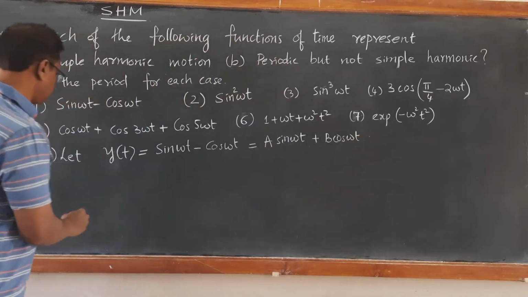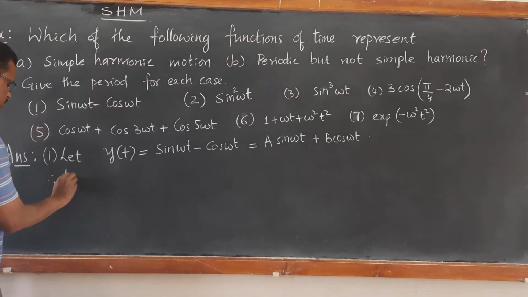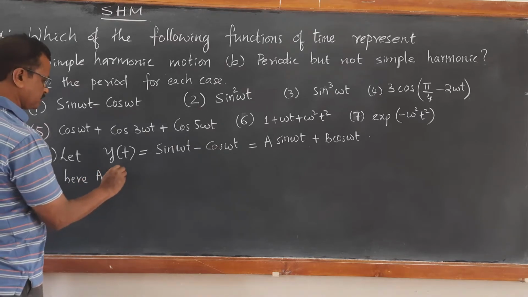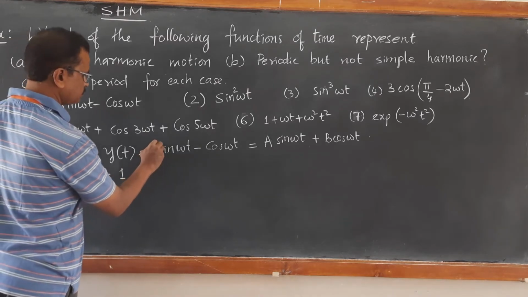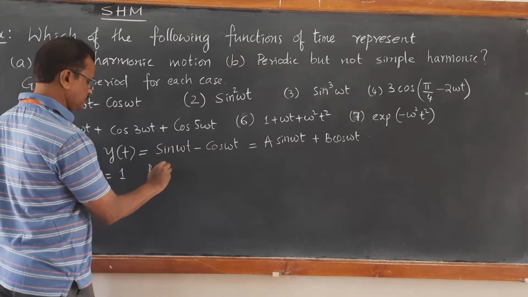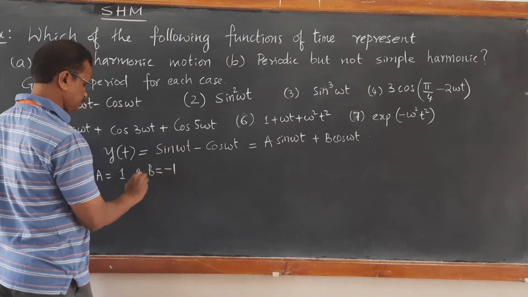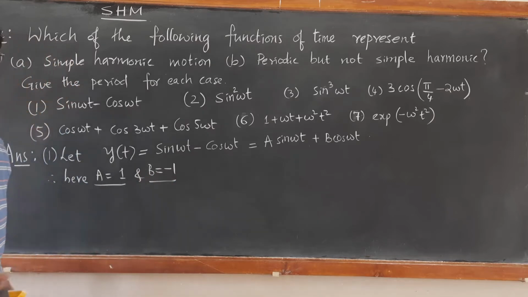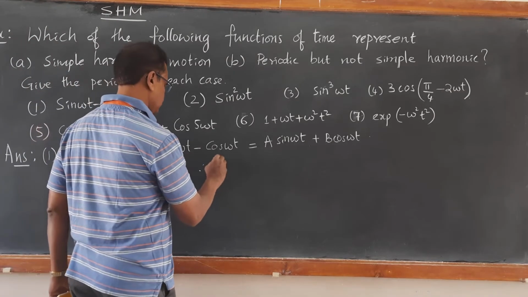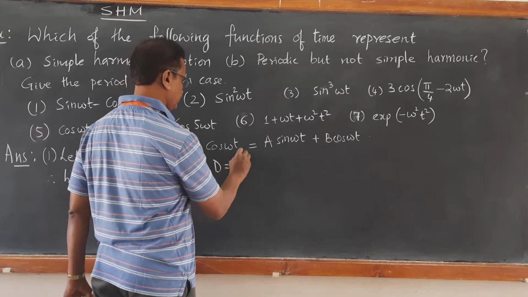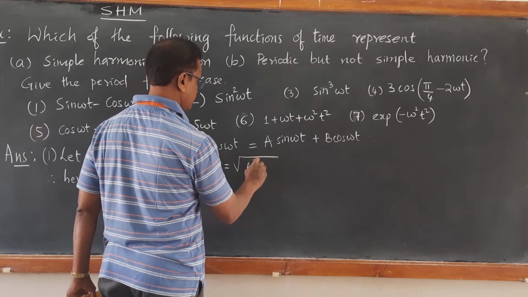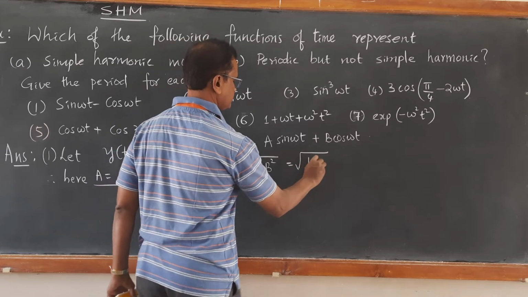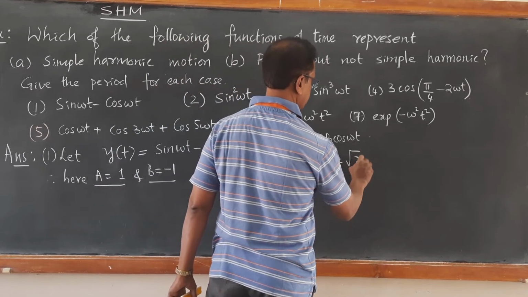So here a is equal to plus 1 and b is equal to minus 1. So we can find out what is d. Therefore d is equal to square root of a square plus b square. So square root of 1 plus 1 becomes square root 2.